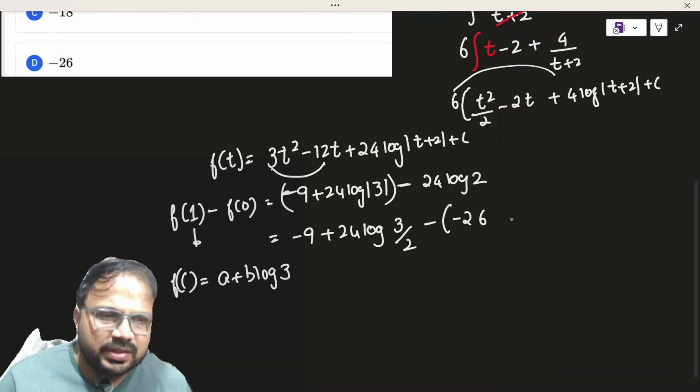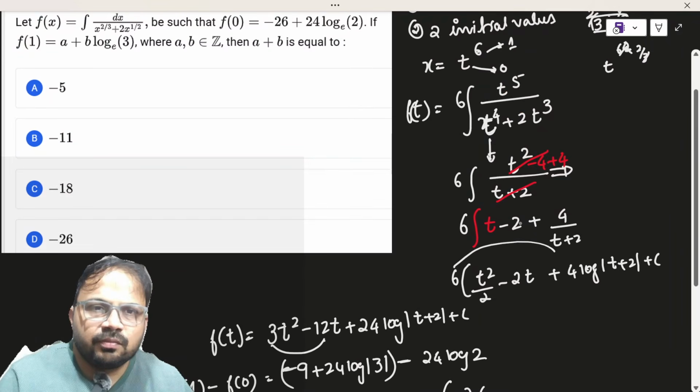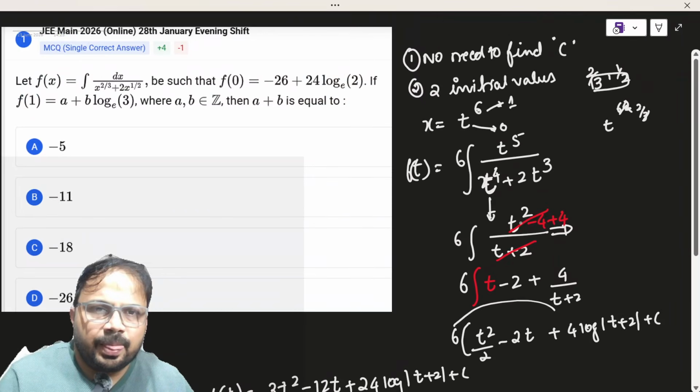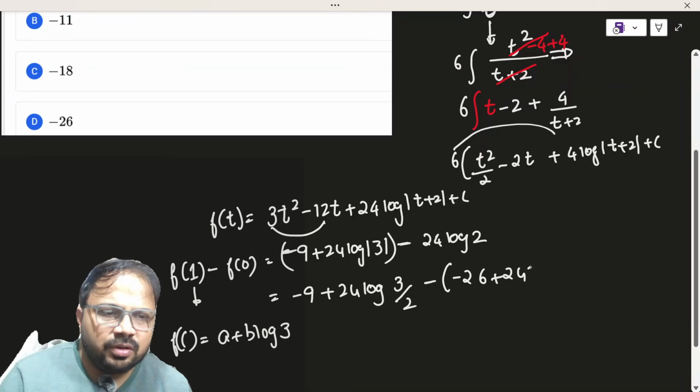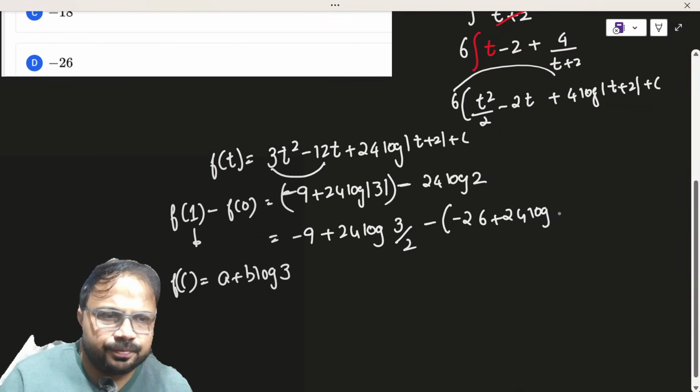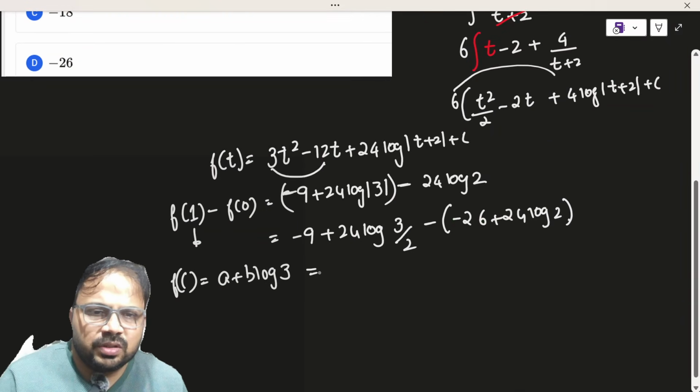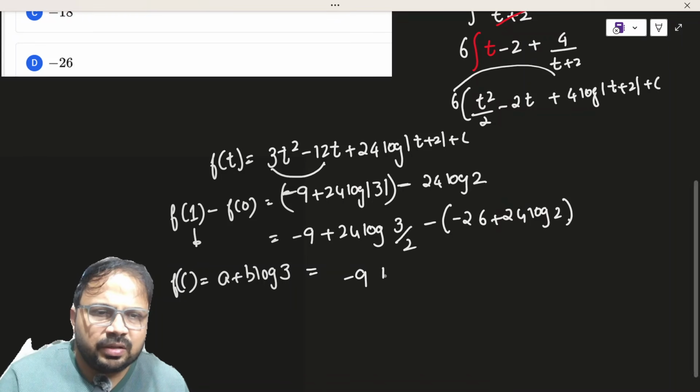Minus 26 plus 24, right? Plus 24 log 3 by 2, which is log 3 minus log 2. So this will become minus 9 plus 24 log 3 minus 24 log 2 and minus 26.